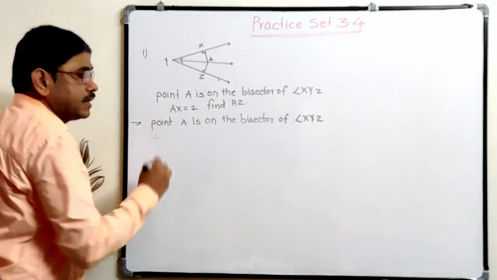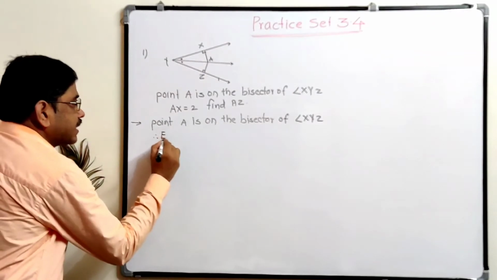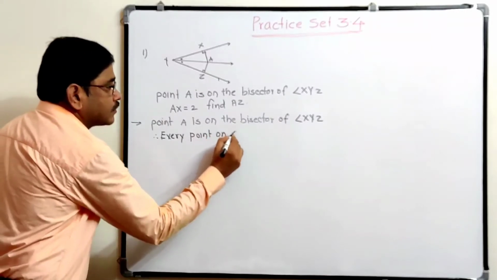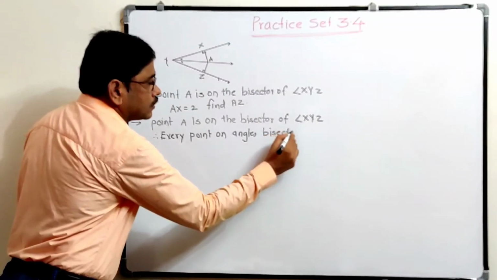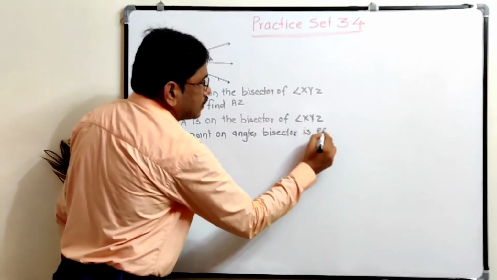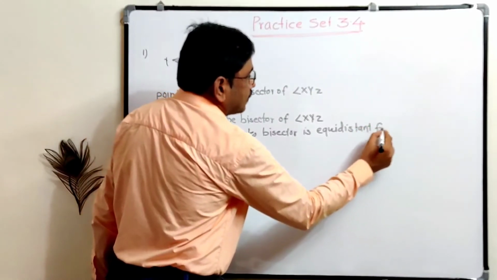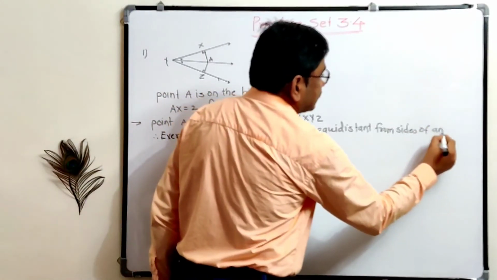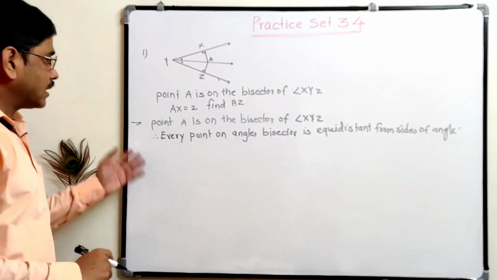Therefore, you know the theorem: every point on the angle bisector is equidistant from the sides of the angle. So directly we write the reason: angle bisector theorem.